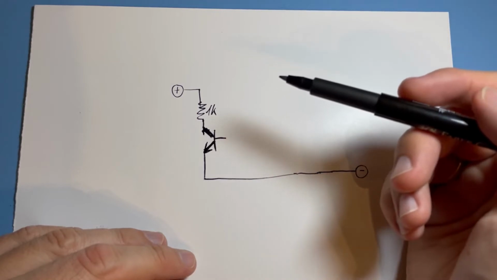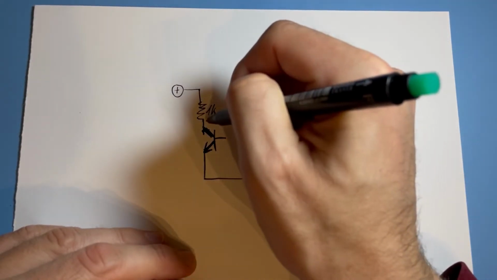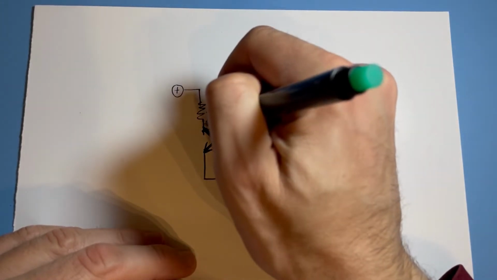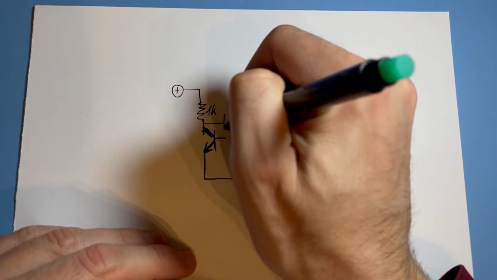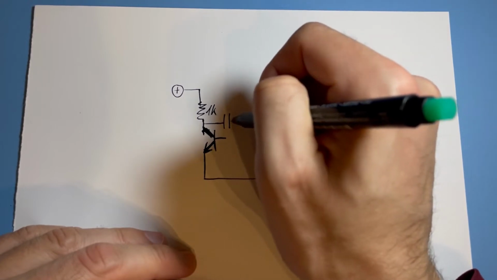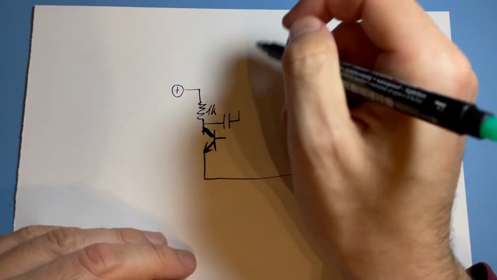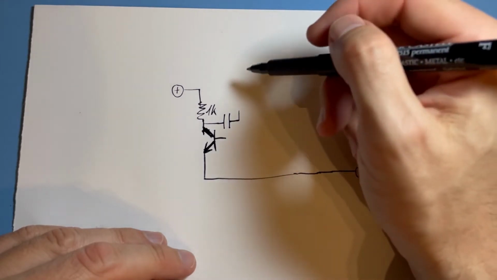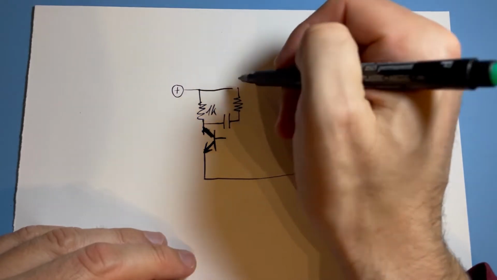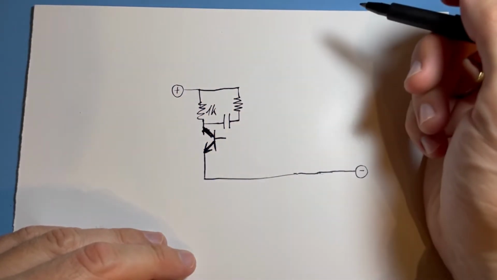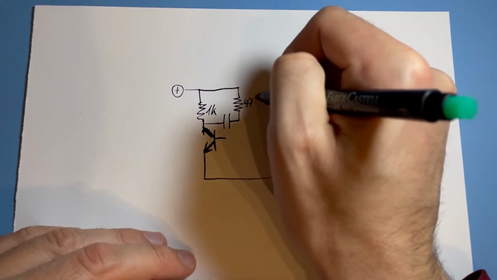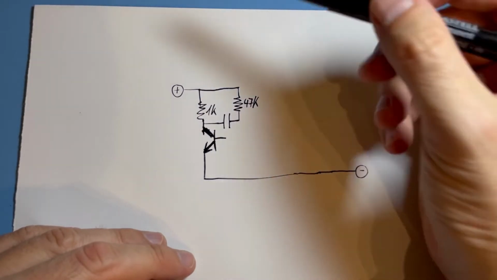And then what we do is, in the interconnection between the transistor and the resistor, we have a little capacitor here. Make that very prominent because it's an important thing here. And that capacitor is also on the other end connected via a resistor to the positive terminal. And that resistor is 47K, somewhat bigger than the 1K.